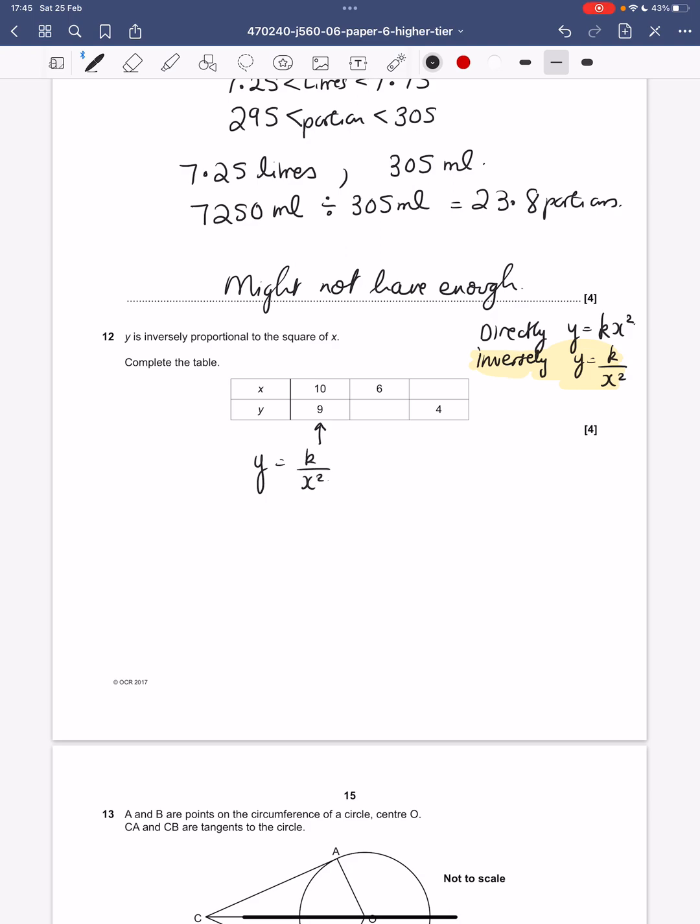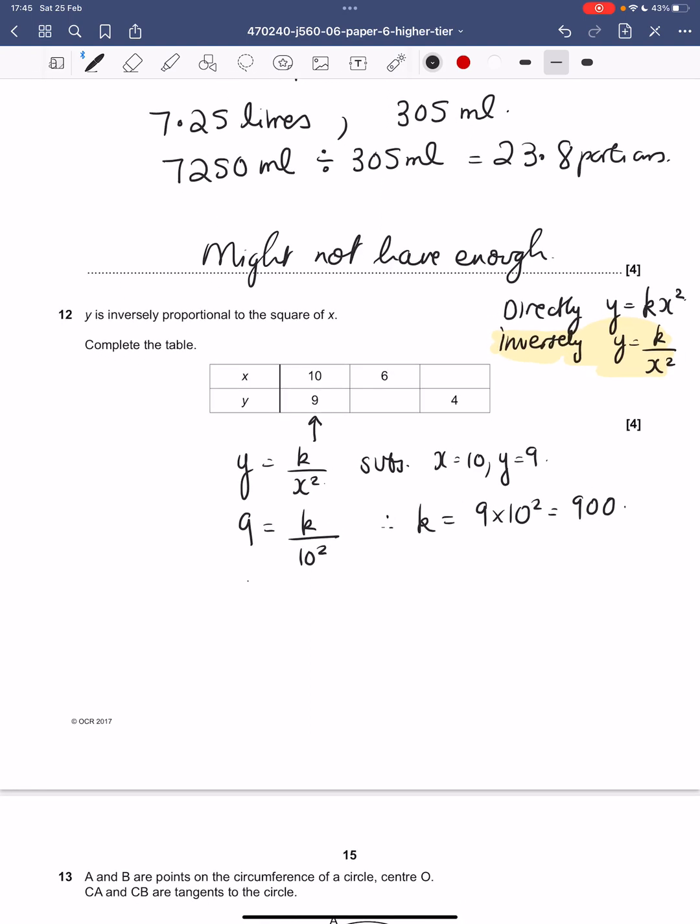So we substitute. x is 10, y is 9, and that will give us that 9 is k over 10 squared. So therefore k is 9 times 10 squared, which is 900. Okay, so eventually we know y is 900 divided by x squared, because we found the k.